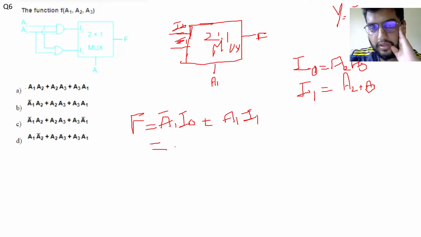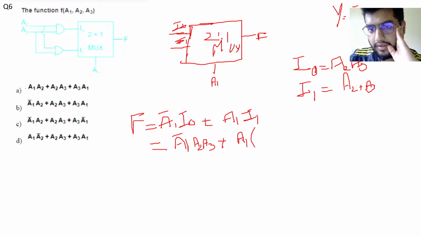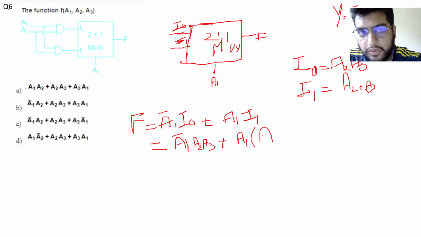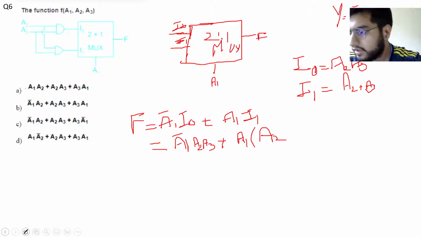Substituting the value of I0, A1 bar I0 will be A1 bar A2 A3, plus A1 times I1, and I1 is A2 plus A3.